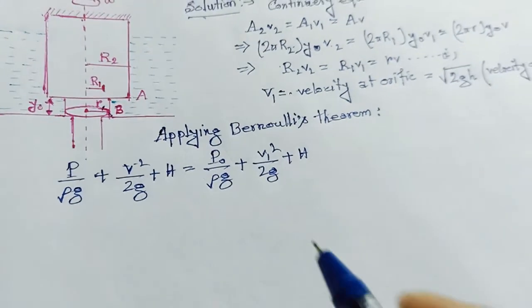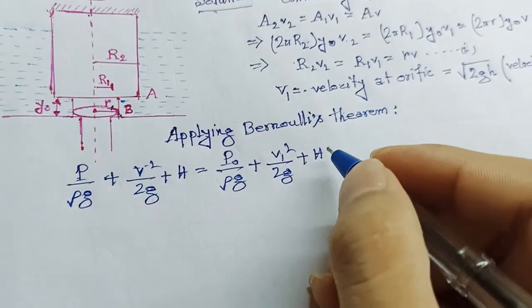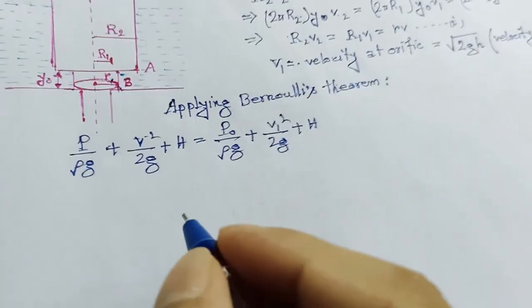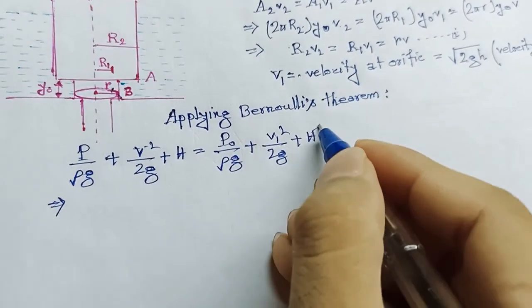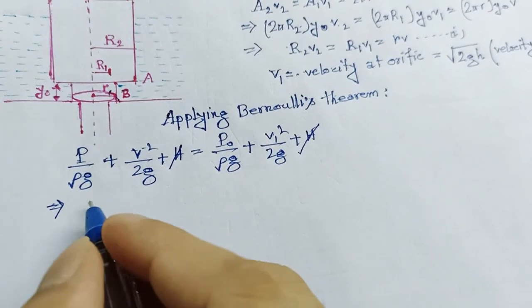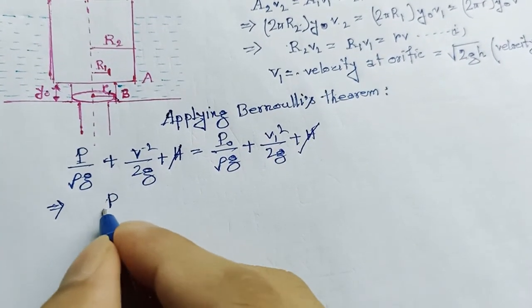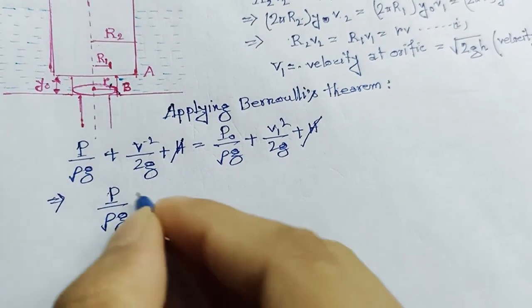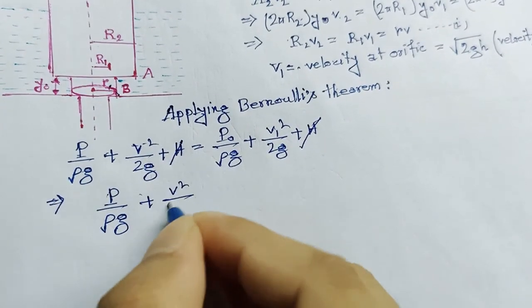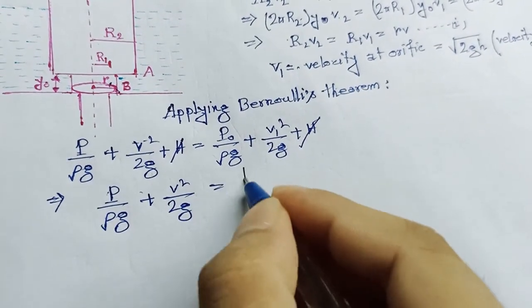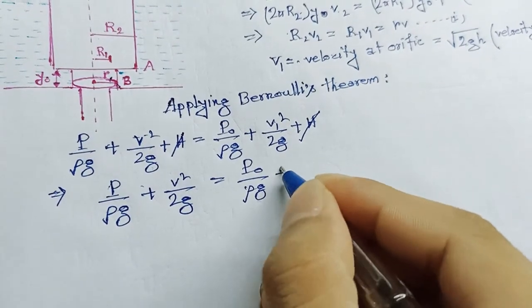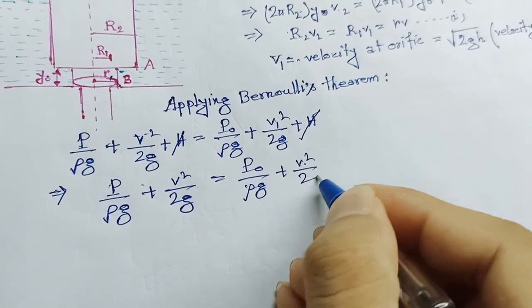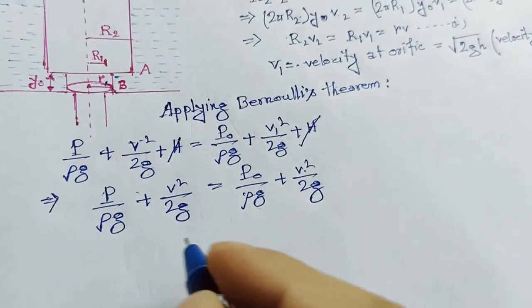We can cancel this h term from both sides. After cancellation we can write P divided by rho g plus v square divided by 2g is equal to P naught divided by rho g plus v1 square divided by 2g.